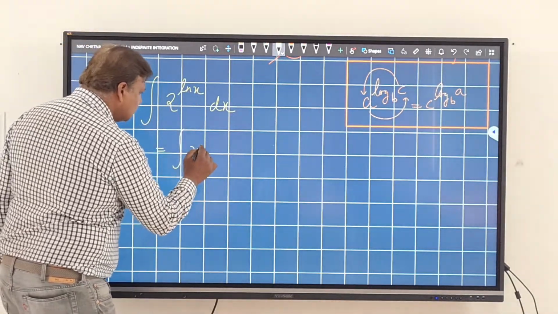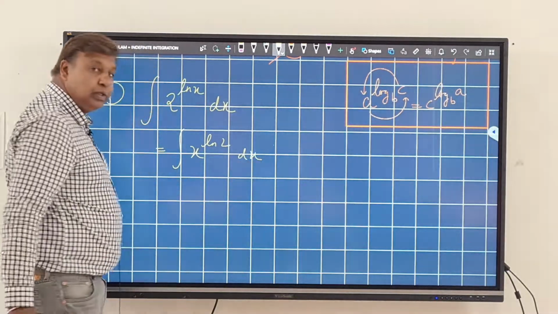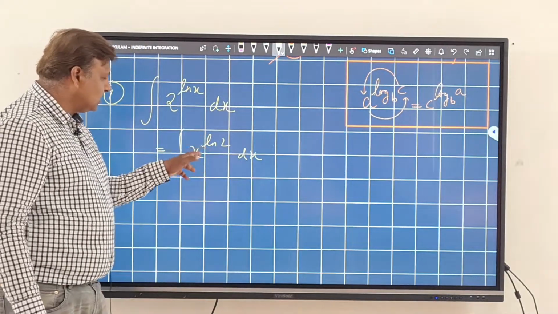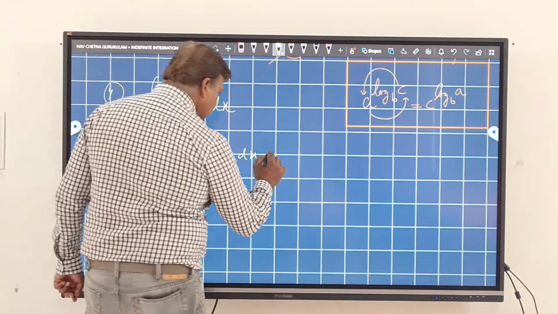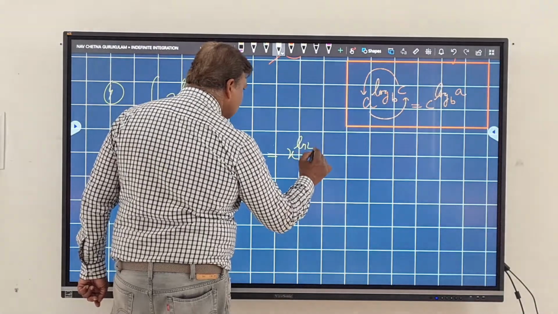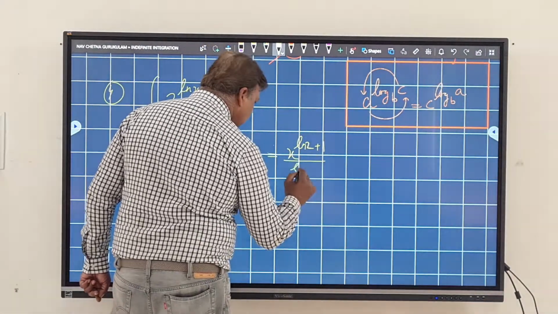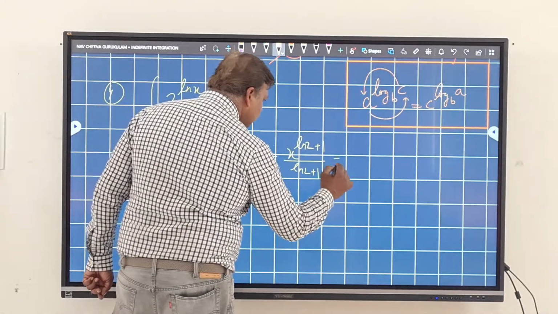So you can write x ln of 2. Now ln of 2 is a constant. It can be treated as n, x is to power n. So the integration would be x is to power ln 2 plus 1 upon ln 2 plus 1 plus c.